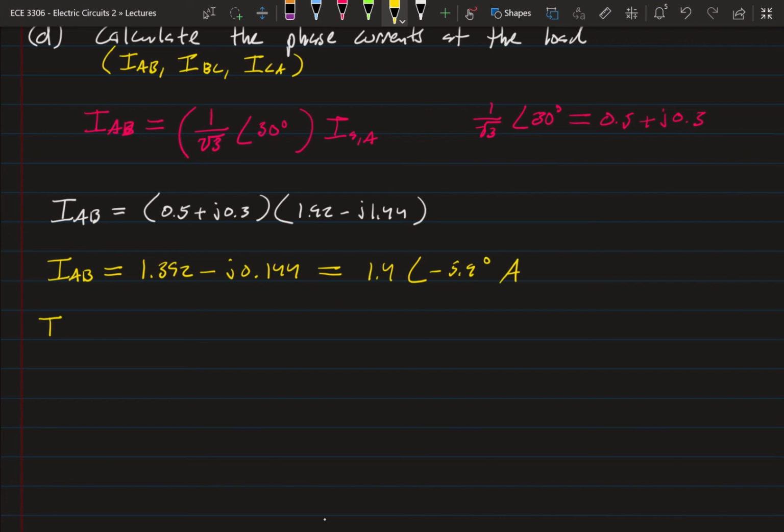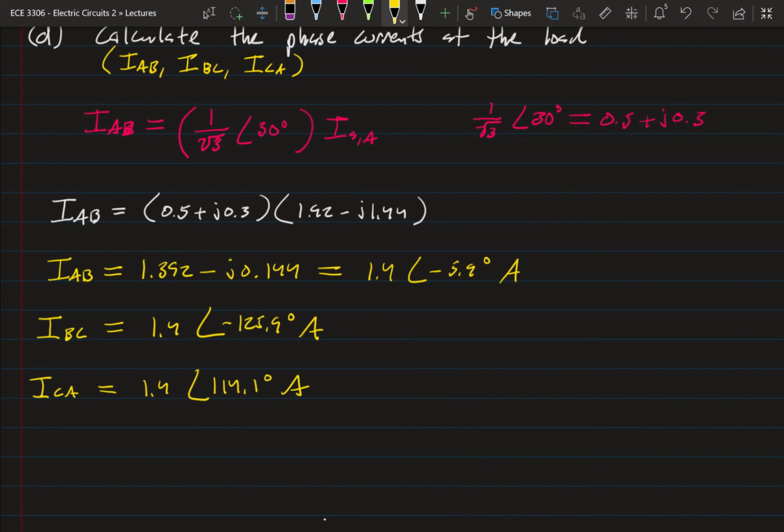And that's in amps. And from that, we can easily calculate IBC as 1.4 at an angle of minus 5.9 minus 120, which is minus 125.9 degrees. And ICA is equal to 1.4 at an angle of minus 5.9 degrees plus 120, which gets us 114.1 degrees. And that is in amps.